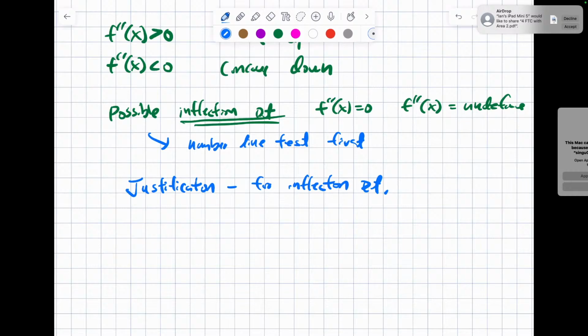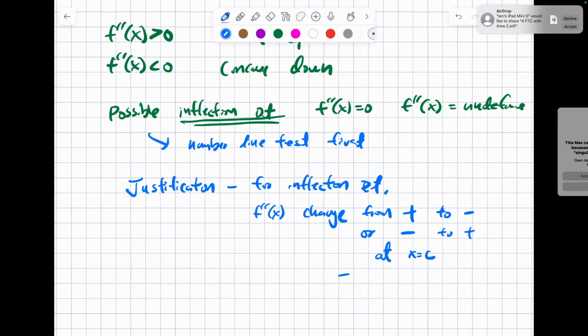All right, justification for inflection point. This one you're going to say, well, f double prime of x changes from positive to negative, or negative to positive at x equals c.